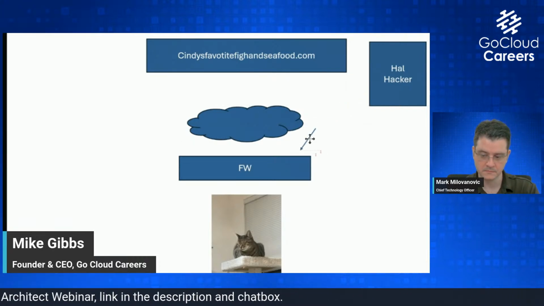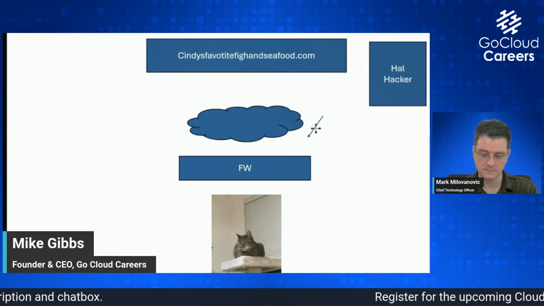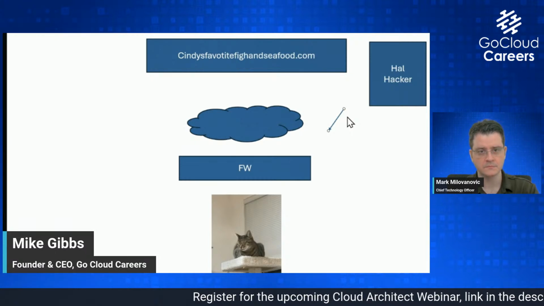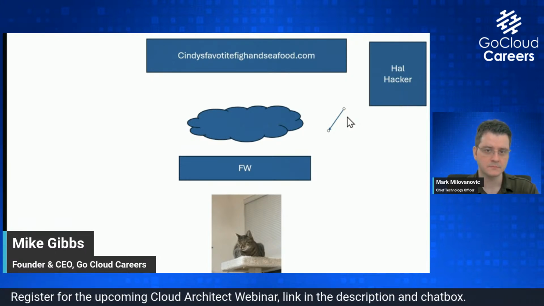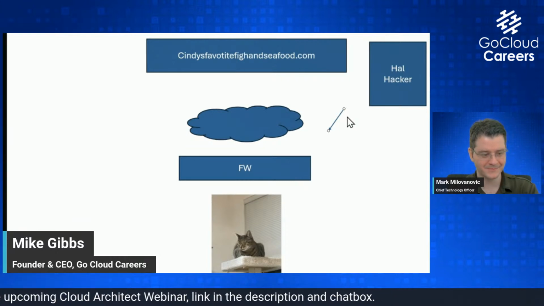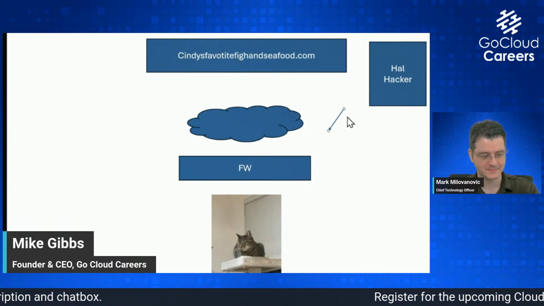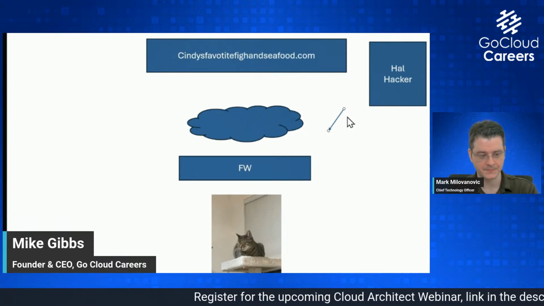But when your next generation firewall is starting to look at the weird traffic patterns that are coming from Hal the hacker, your firewall is now using its AI to say, I don't like this. I really don't like this. Something doesn't seem right. I'm just going to block Hal the hacker and everything that's coming in at me. So as you can see, when we go from a cloud provider's one, first, we don't have any of that intrusion detection and prevention natively.